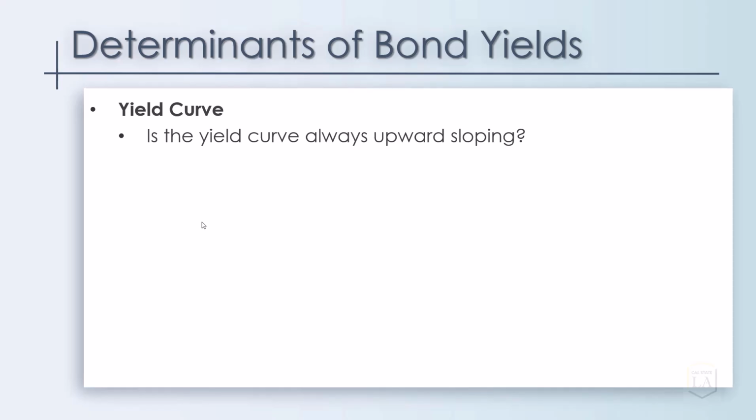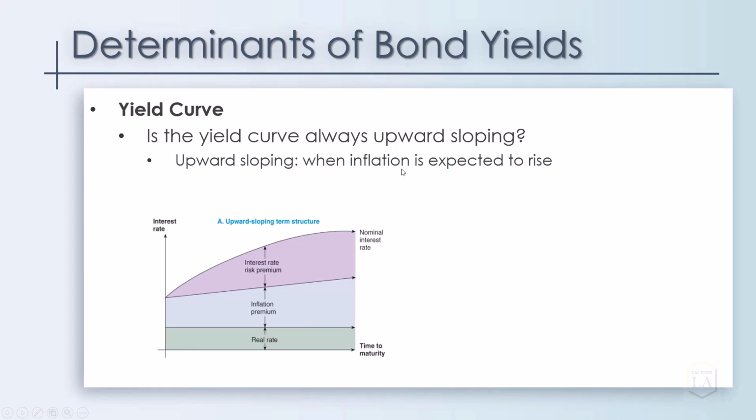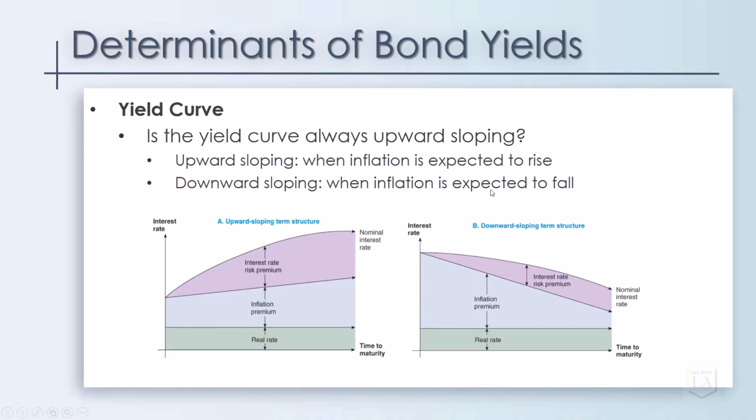But the real reason behind the yield curve being upward sloping is because in most cases, inflation is expected to rise, meaning that the economy is in an expansionary phase. If the economy is just going up, then inflation is going up as well, leading to an upward sloping yield curve. But in the opposite case, in some situations, the yield curve can be downward sloping, and it would have to do with inflation being expected to fall.